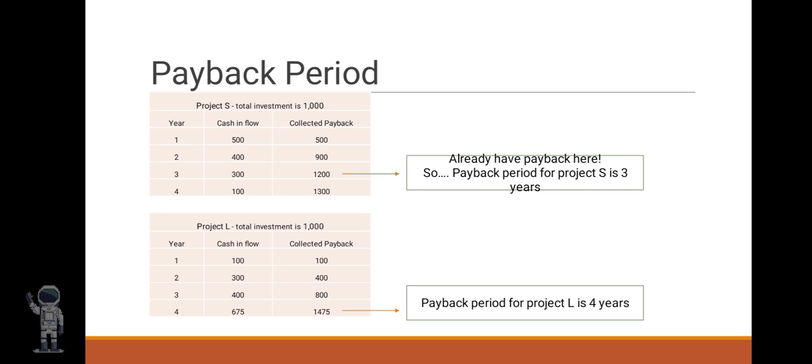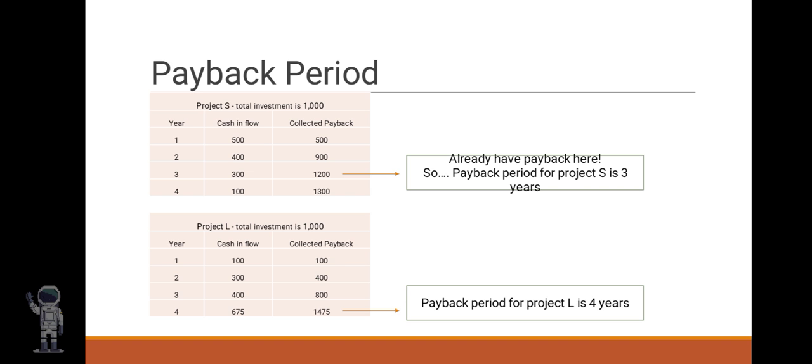So we already have a payback here. The payback period of project S is 3 years. Meaning, we invested 1,000 and we have 200 extra. So in 3 years of operating this project, you earn another $200. Meaning your investment is recovered in year 3.